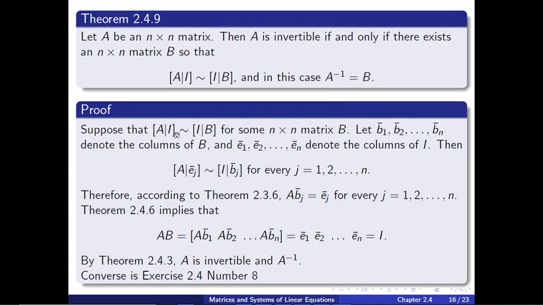Right. So we are going to look at the two statements. Suppose [A|I] is row equivalent to [I|B] for some matrix B, and then let B1, B2, up to Bn denote the columns of B. So you remember the notation that we introduced in the previous video, where this will be column 1, column 2, up to column n, and E1, E2, up to En denote the columns of I, right?